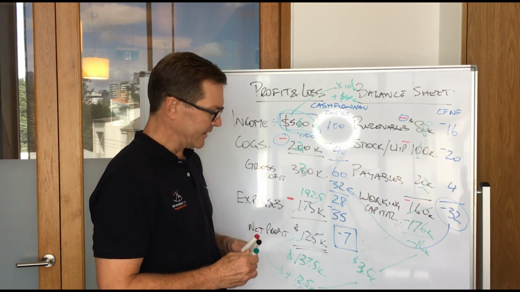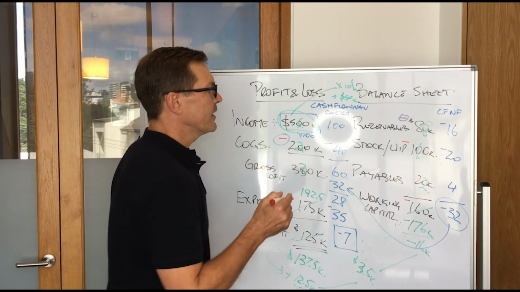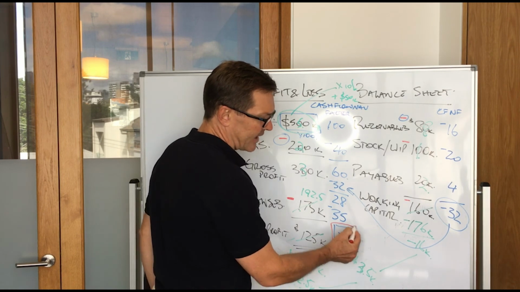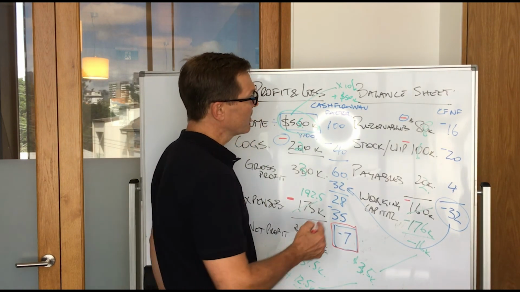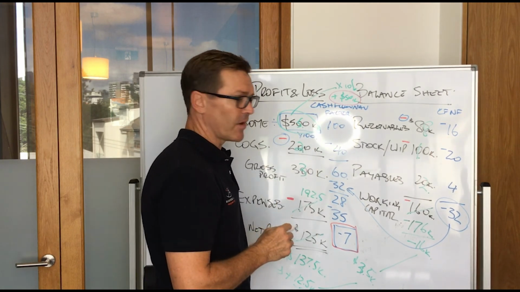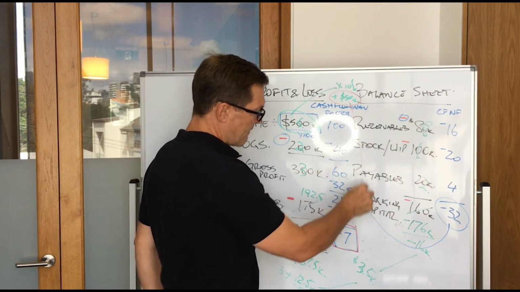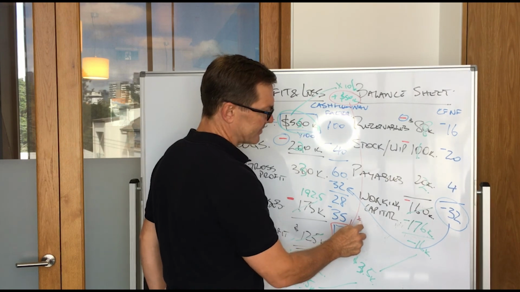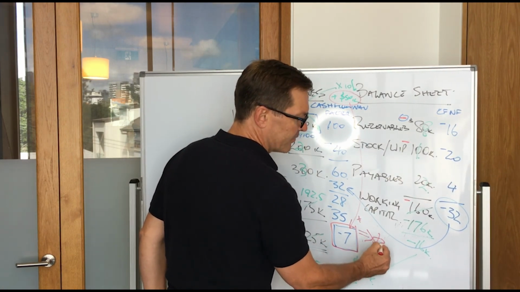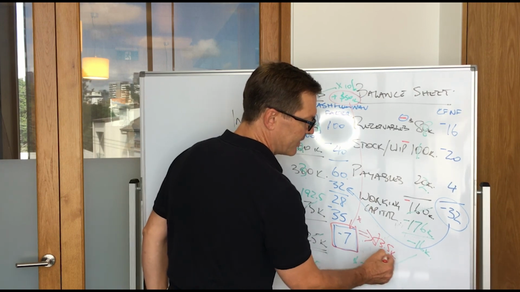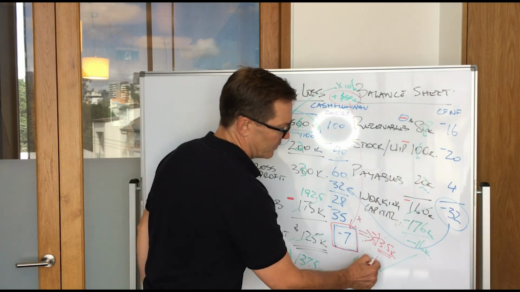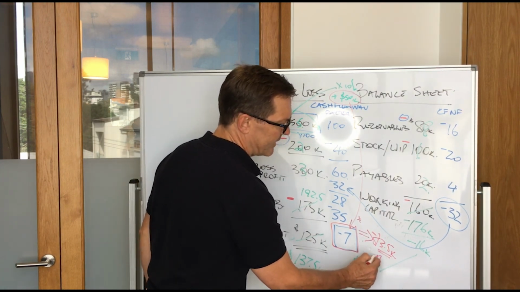Now what's really interesting is, with the information of our cash flow factor in hand, we can actually take the growth expectations of the business, multiply it by the cash flow factor, and sure enough, it would have told us in advance that we're going to be short by 3,500, which is the same number as we have here.